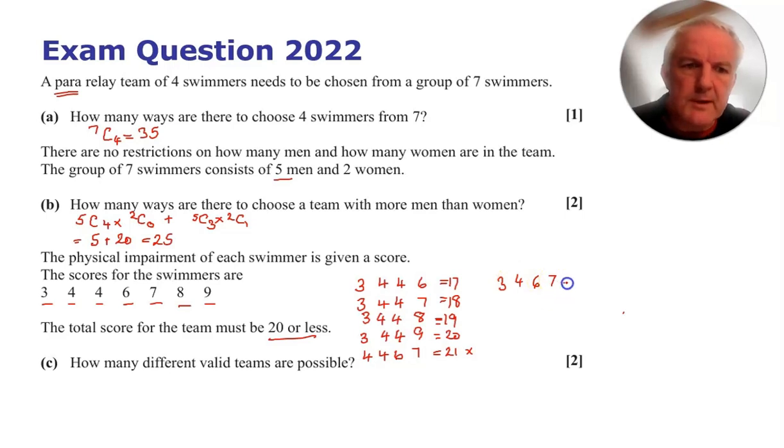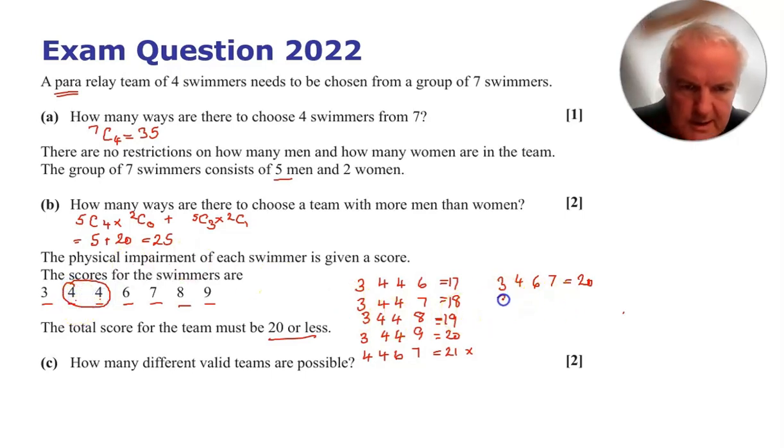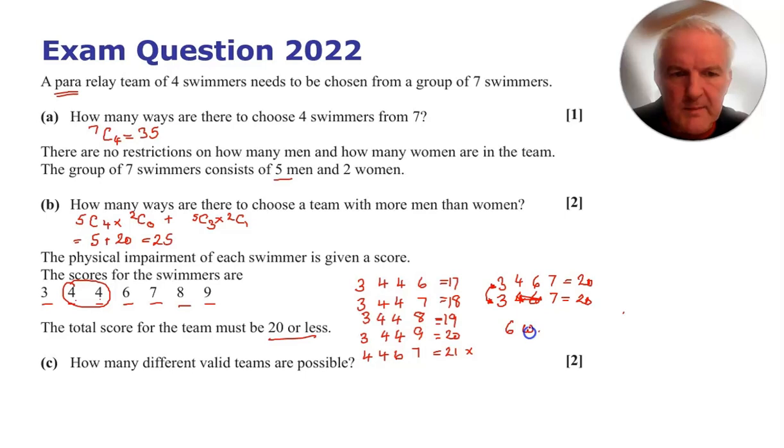That makes 7, 14. That does make 20. That's okay. Now, just bear in mind, there are actually 2 4s. So we could have that 4, or we could have that 4. So I'm going to write exactly the same thing twice. 3, 4, 6, 7, and that makes 20 again. That is definitely different from this one. There are 2 4s, so I need to write it twice. So that makes a total of 6 ways, I think.